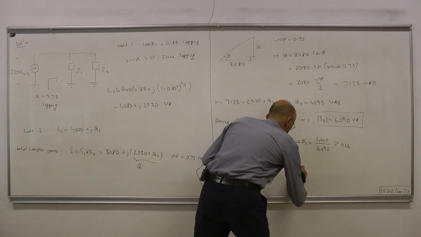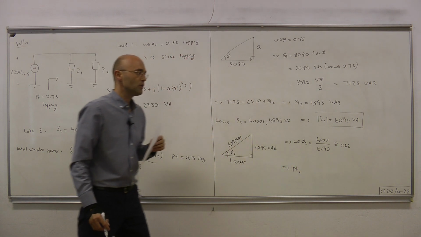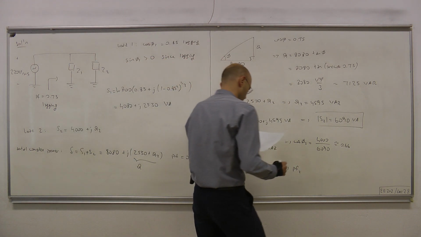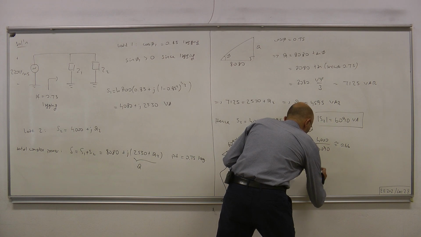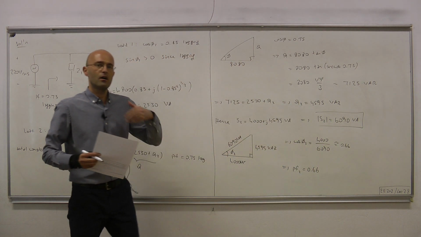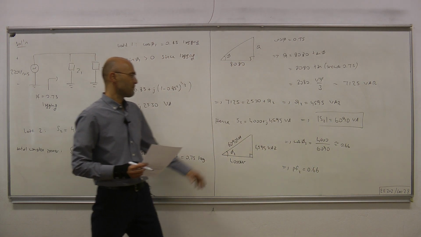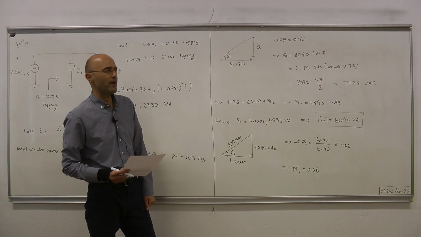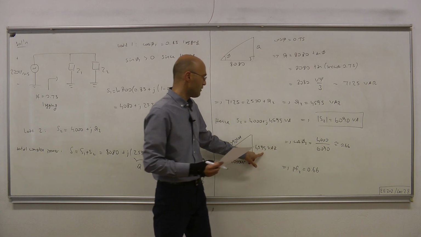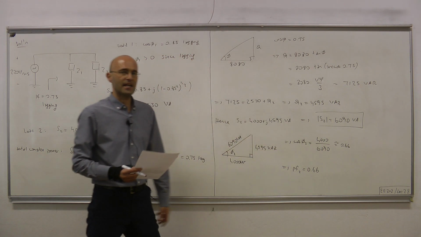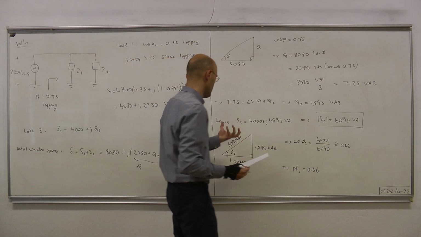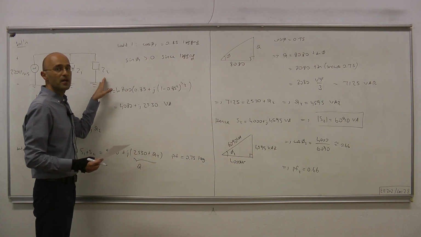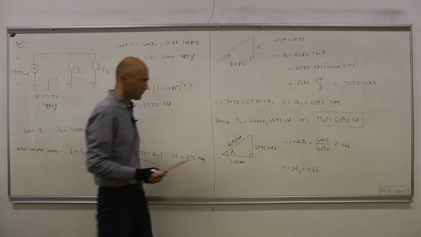Therefore, the power factor for the second load is 2/3. Whether it's lagging or leading, to determine that, you look at the sign of the reactive power. Since the sign of the reactive power is positive, it's a lagging power factor. So therefore, the second load is also an inductive load.